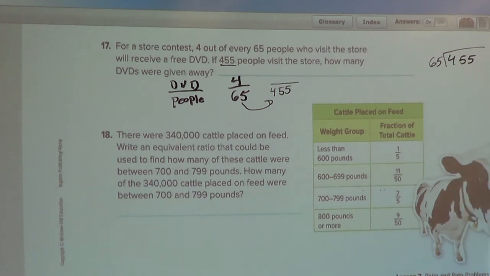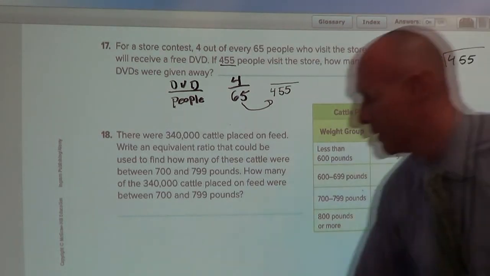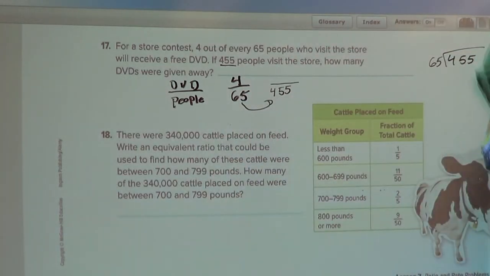Why not? 65 times 8. 8 times 5 is 40. 0, carry the 4. 8 times 6, 48, 49, 50, 51, 52. Too high. 65 times 7.